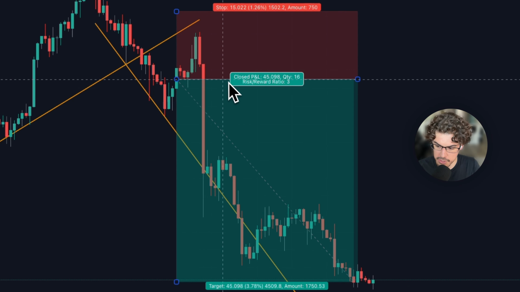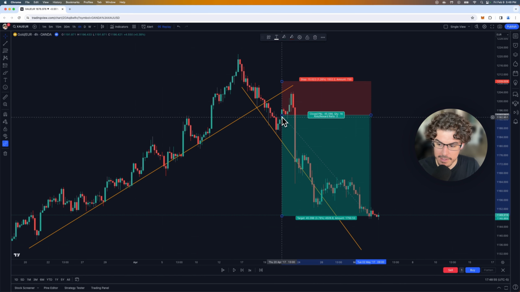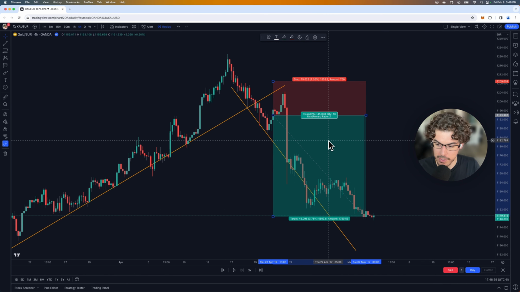If I would have let this trade run all the way up until here, it's a risk to reward 3-to-1. So it means that if I risk $100, then my potential win is 300. And it went all the way down to this area right here because we identified that we're trading in a downtrend. So let's go ahead and find a consolidation example so we can wrap this video.